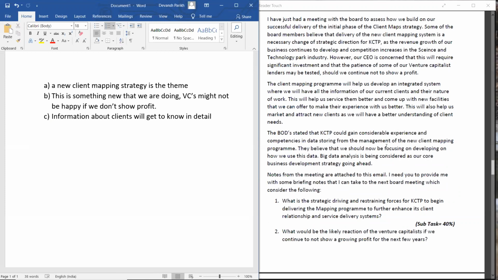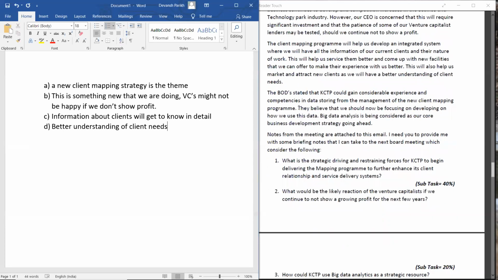This will help us service them better and come up with new facilities that we can offer to make their experience with us better. This will also help us market and attract new clients, as we will have a better understanding of client needs. So again, on the left hand side, better understanding of client needs.